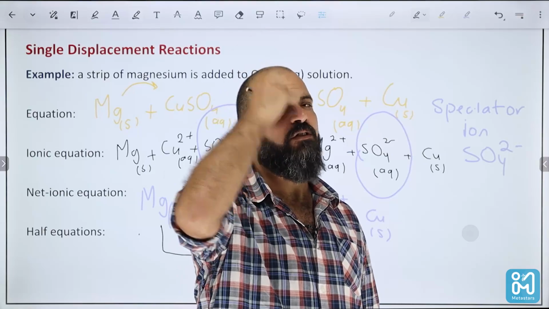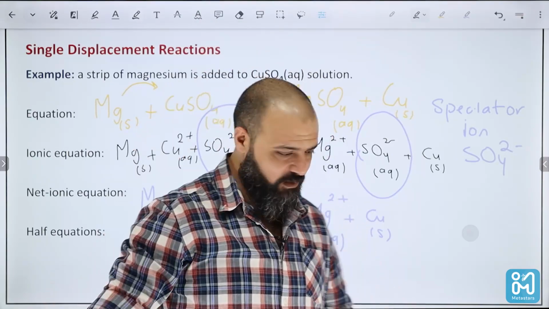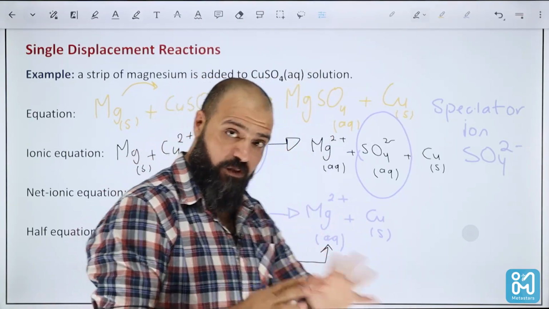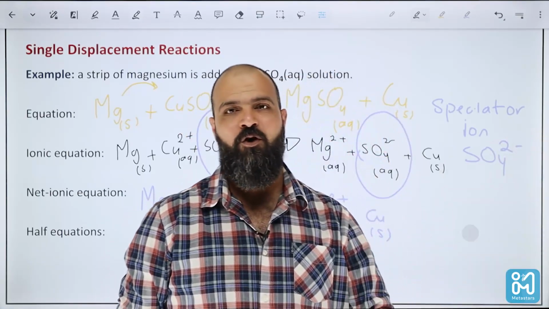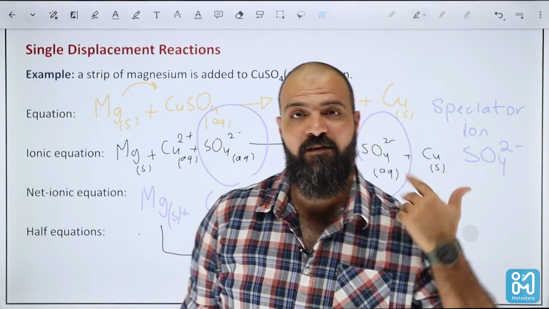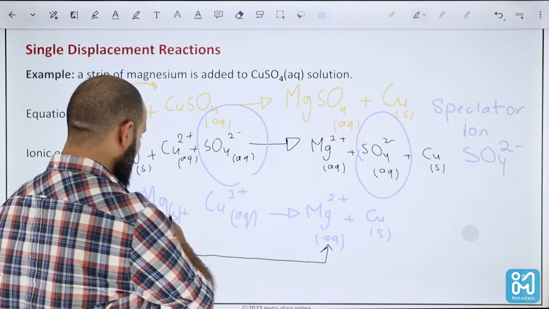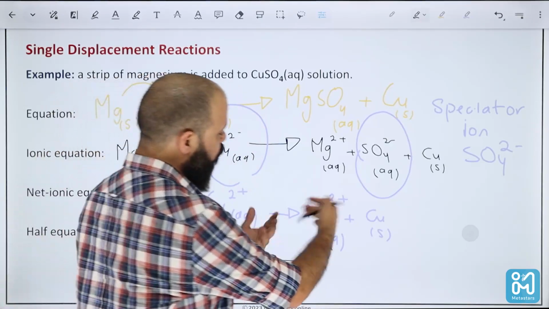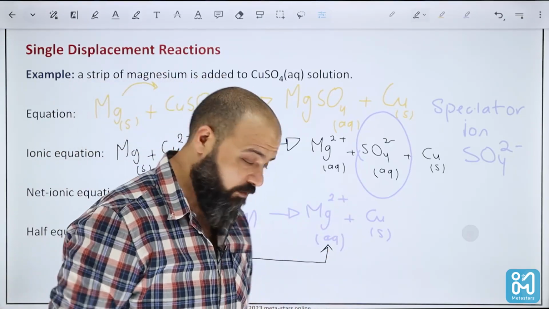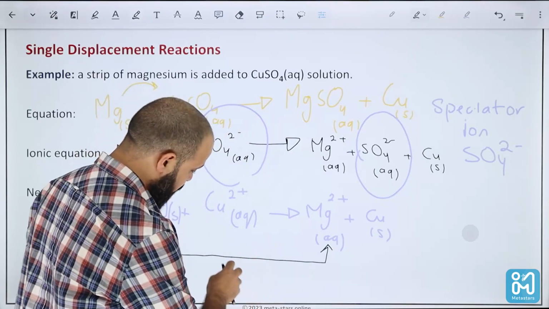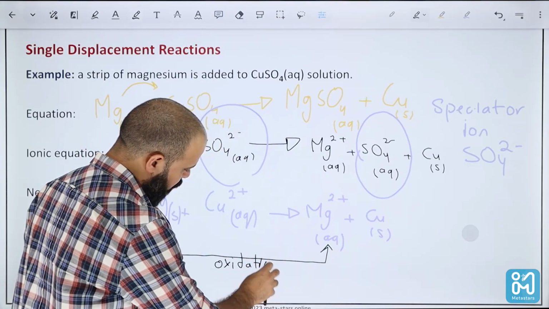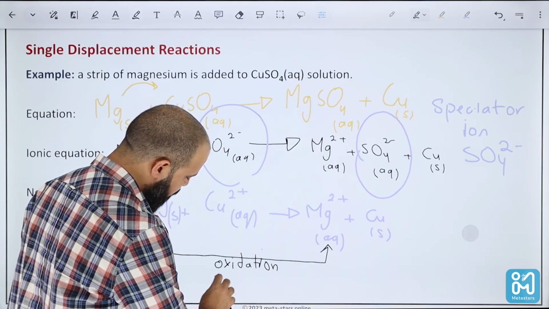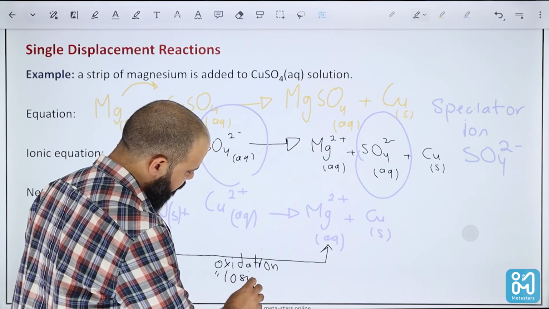Positive ions are formed by losing electrons. Excellent. Using the definition of redox reactions, oxidation is losing and reduction is gaining electrons. So when magnesium changes from Mg to Mg2 plus, this is the oxidation reaction. Magnesium is oxidized. This is the oxidation. To remind you, this is losing electrons.